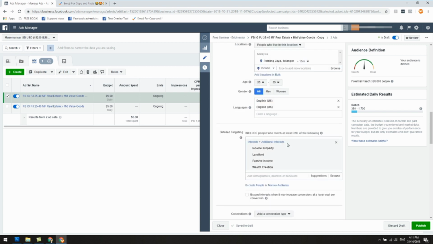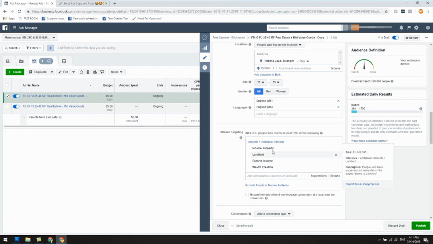So that took me a while, and after putting in a few detailed targeting, we are able to reach a potential reach of 320,000 people. It's okay, but like I said, this is just an example I'm showing you right now. Ideally, I would like to put it like 350,000 people to 1 million people.